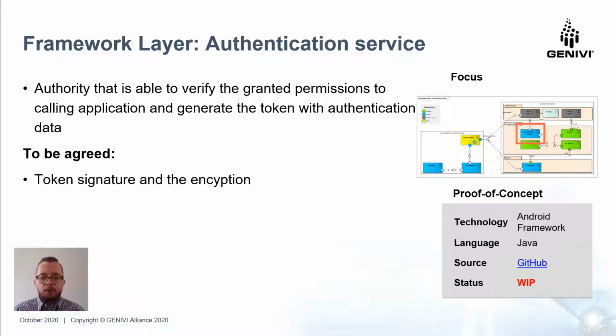To do that, we have implemented a component that exposes an API to, let me say, sign the request by providing a token with the permissions bundled inside. This is working. The service is able to generate the token with authentication data.